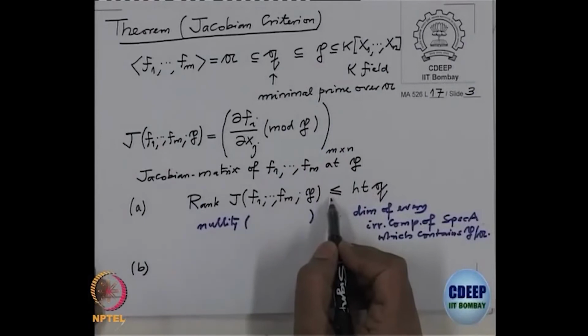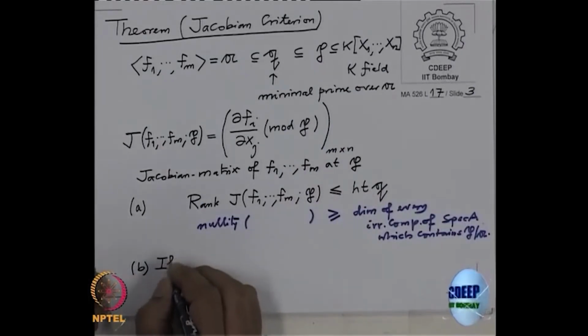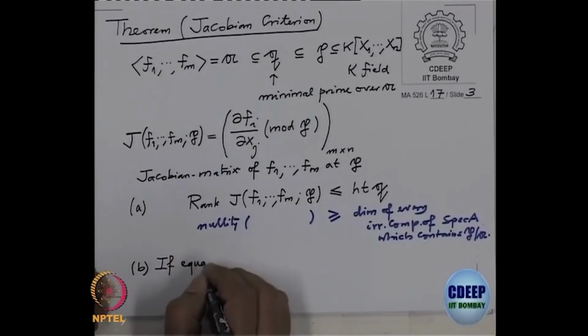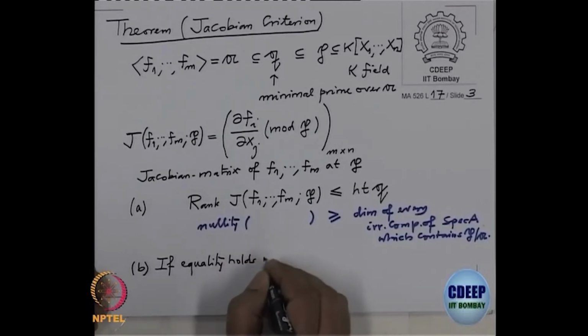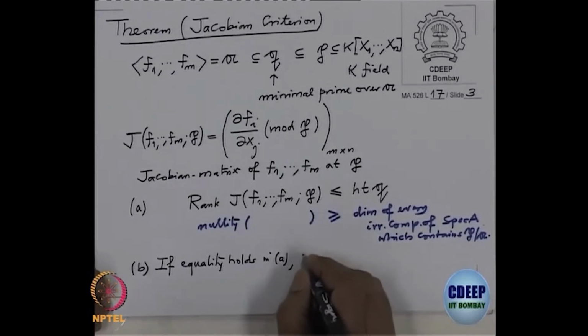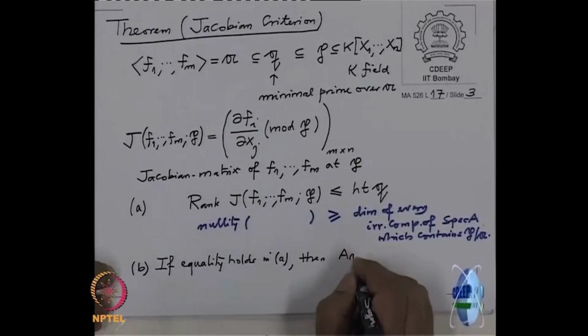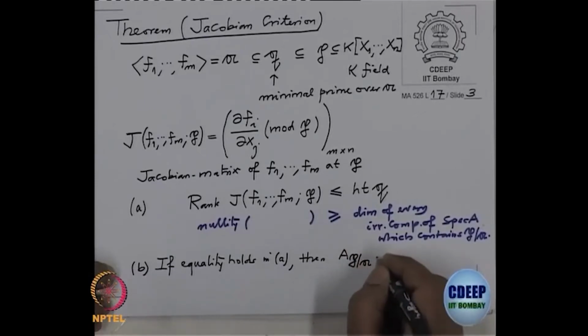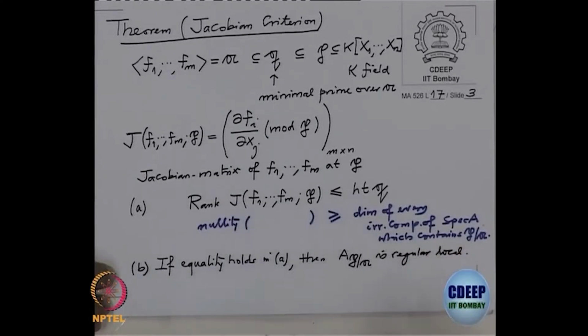Second, B, then talk about when equality holds here. If equality holds in A, then A localized at P by A is regular local, when it is a local already, regular local.